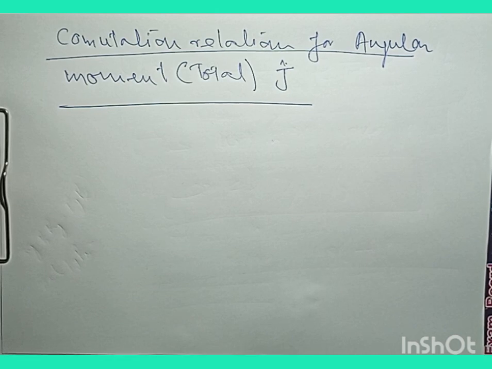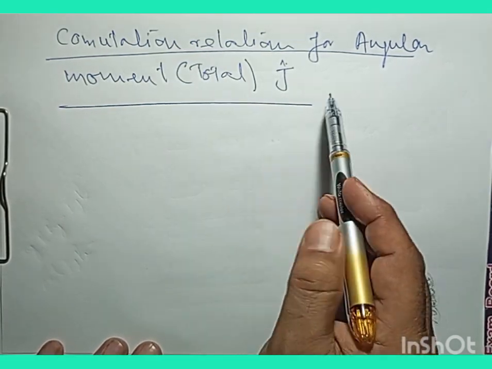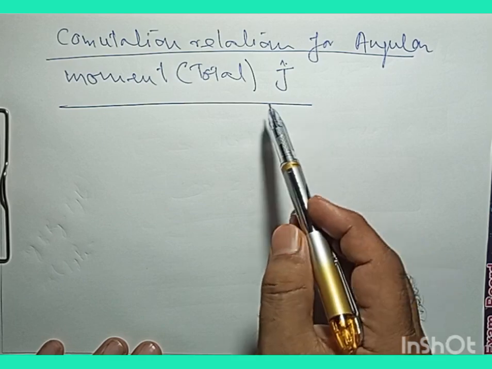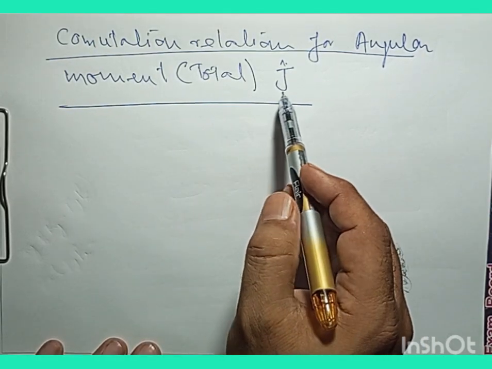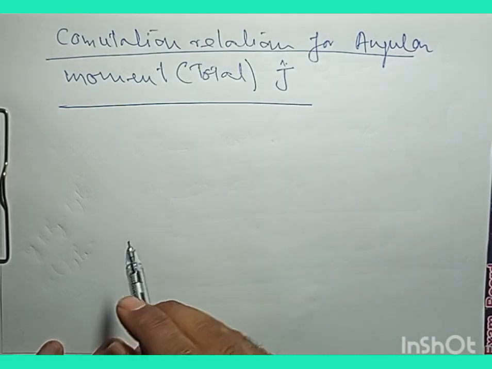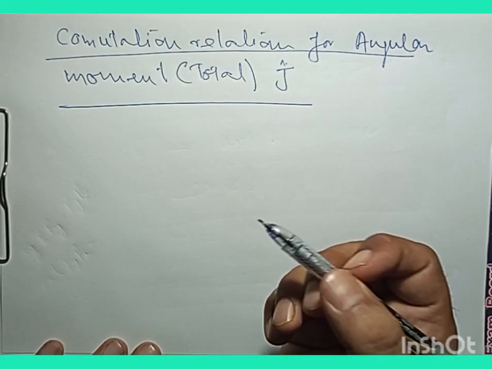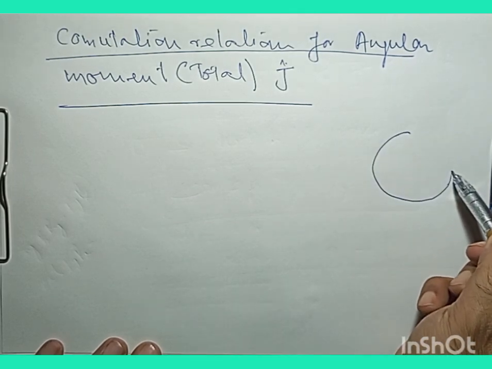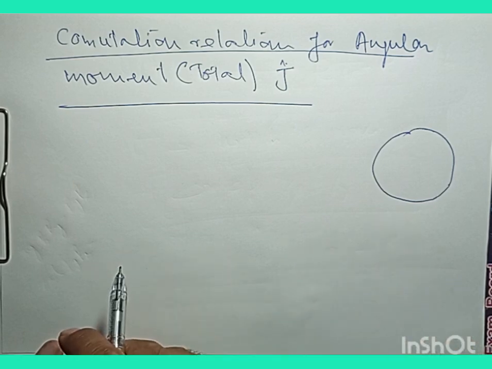So, dear students, in this video we will be talking about the commutation relation of total angular momentum. This total angular momentum is symbolized as J. In quantum mechanics, it basically combines the orbital angular momentum and spin angular momentum components.